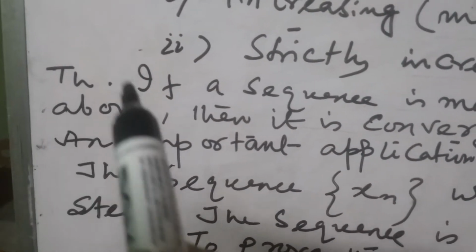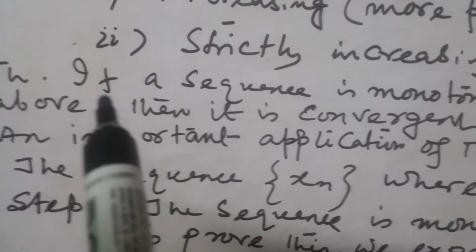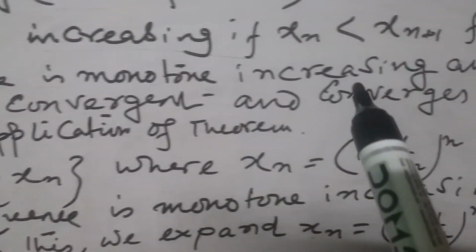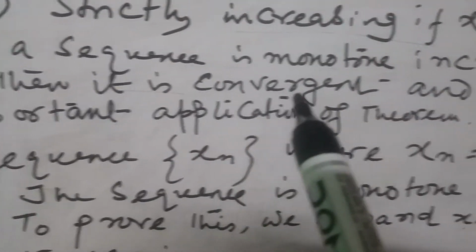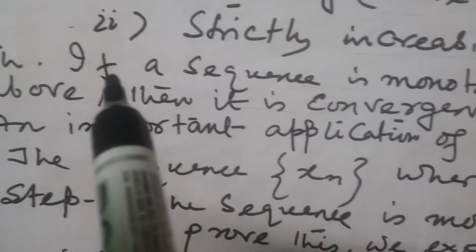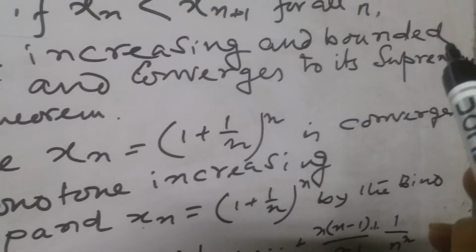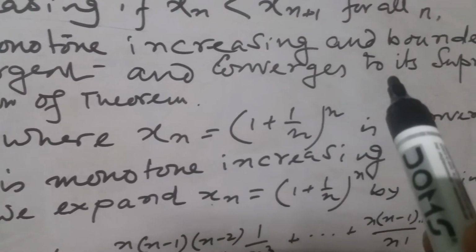Now, what is the theorem? I am telling that if a sequence is monotone increasing and bounded above, then it is convergent, and converges to its supremum.